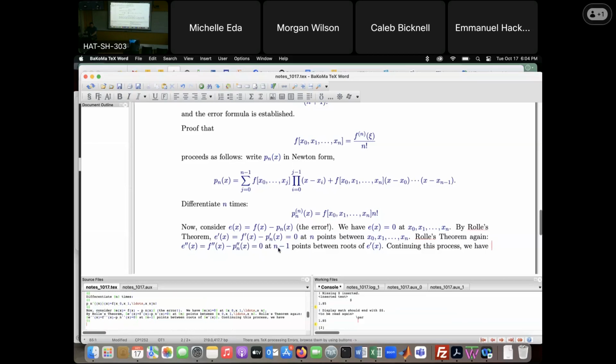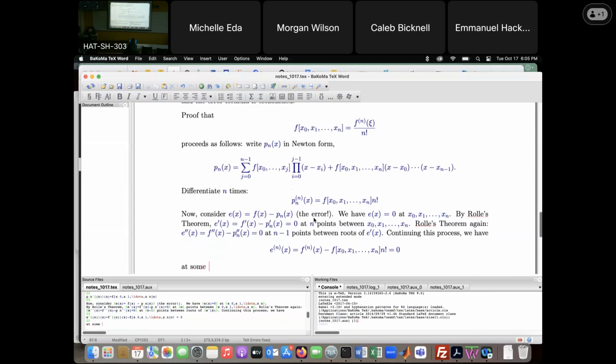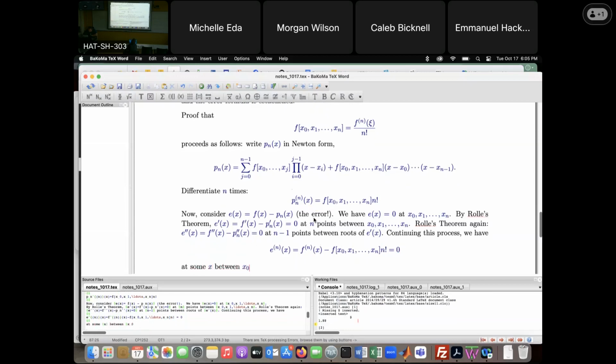So now we have the nth derivative of E of x, which is equal to the nth derivative of f minus the nth derivative of my interpolated polynomial, which is the divided difference times n factorial, is equal to 0 at one point.